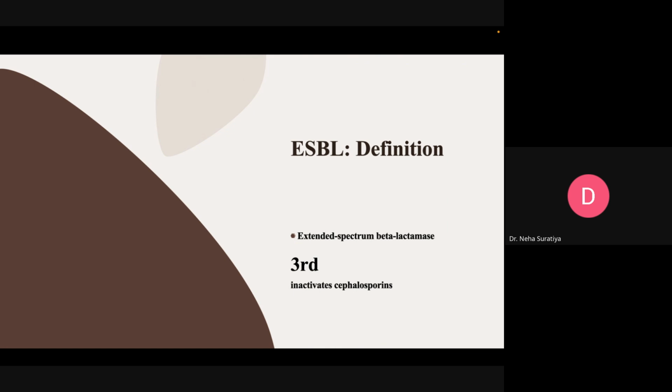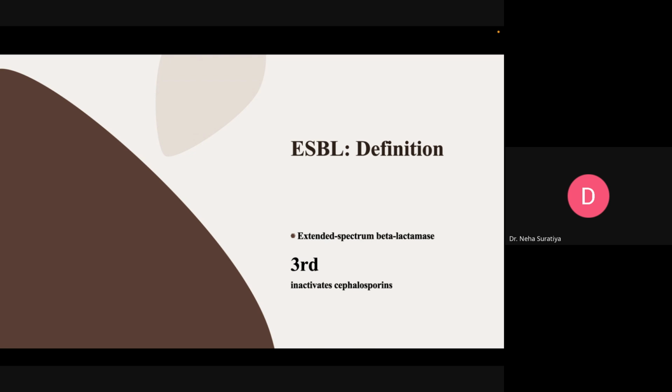These are the enzymes that break down your extended spectrum beta lactam antibiotics. These enzymes are generated by the bacterial body, specifically to create resistance to extended spectrum beta lactam drugs, especially the third generation cephalosporins. That is the reason why they are so important to us.